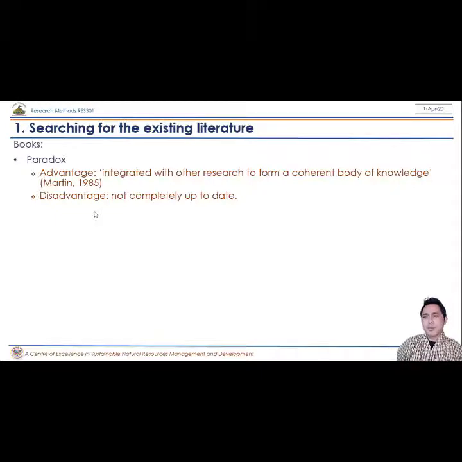Let us look at books to search for existing literature. The paradox: paradox means anything that has two sides, two opposite characteristics. Books have opposite characteristics. The advantage of a book is that it's integrated. It has lots of concepts from all the different literatures brought together, arranged as chapters.